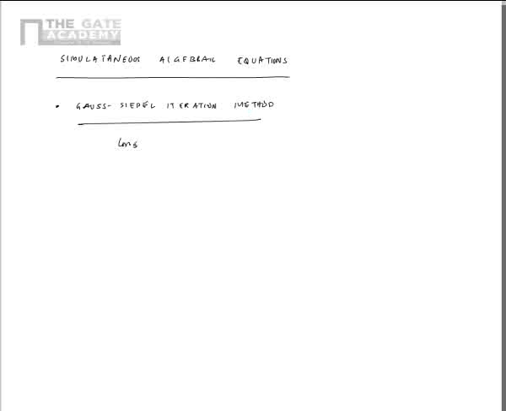So let me describe this method. Consider the equations a1x plus b1y plus c1z is equal to d1, a2x plus b2y plus c2z is equal to d2, and a3x plus b3y plus c3z is equal to d3.